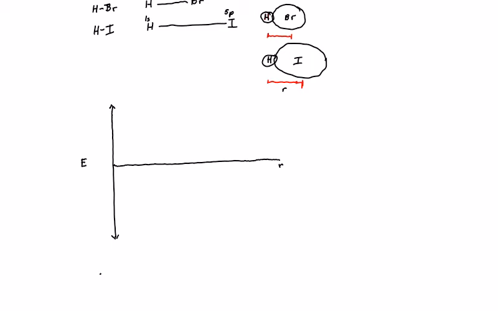Okay, so when we're far to the right, the distance between the atoms is essentially infinite. Okay, but as we go from right to left, the atoms are getting closer and closer.